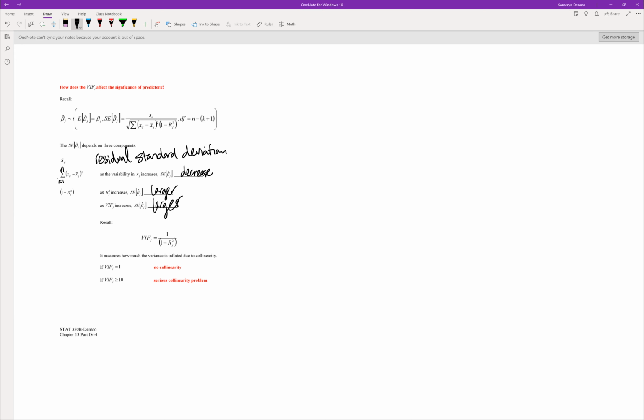And your standard error for beta hat j, when VIF equals 1, becomes S epsilon over the square root of the summation of xij minus x bar j squared.